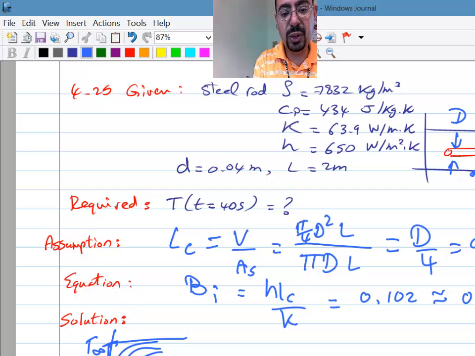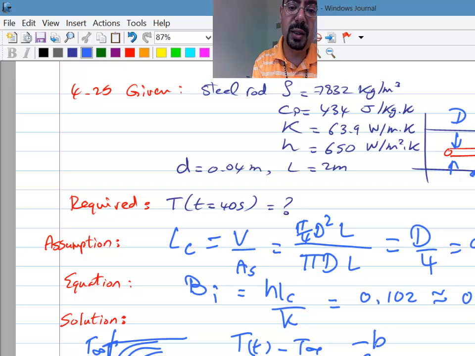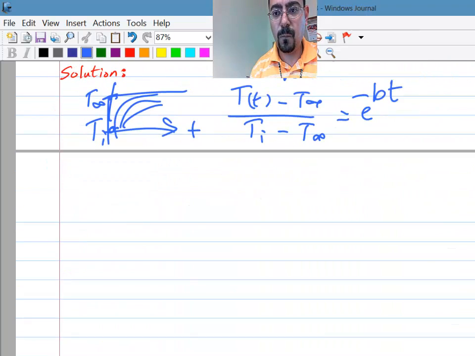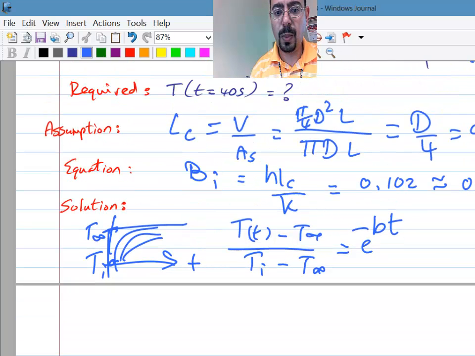That was the equation that you will use. So it's T as a function of any time minus T infinity over Ti minus T infinity is e to minus bt, where T infinity is the 50 and Ti.